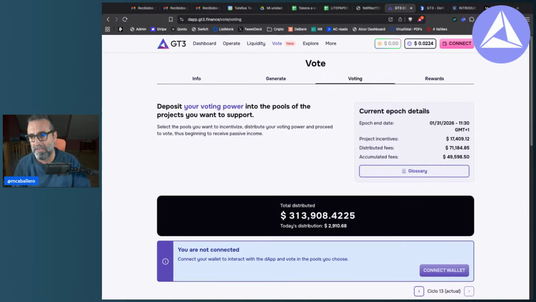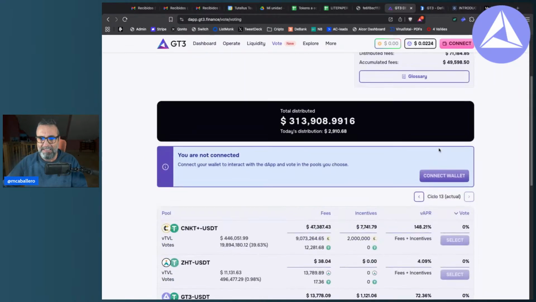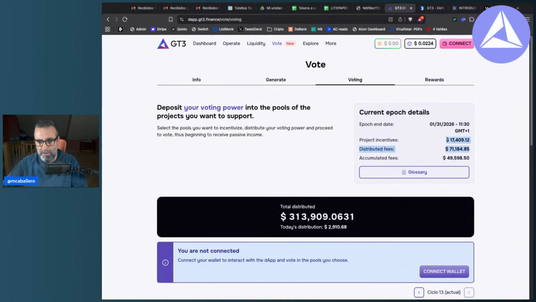And when I say we, I mean the GT3 lockers, we will receive around $88,000 of incentives and fees. This is incredible, okay? This is an extra reward we receive due to two different revenue sources.